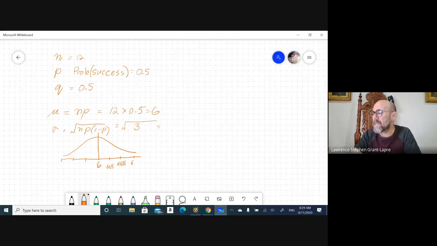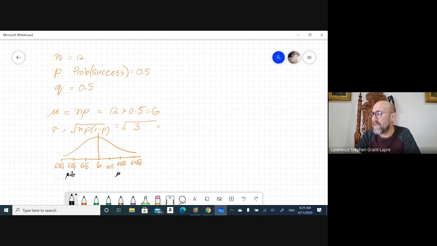So that's 6 plus root 3. That's 6 plus 2 root 3. And that's 6 plus 3 root 3. This is 6 minus root 3, 6 minus 2 root 3, and 6 minus 3 root 3. I'd like to highlight that this is the mean minus 2 standard deviations.